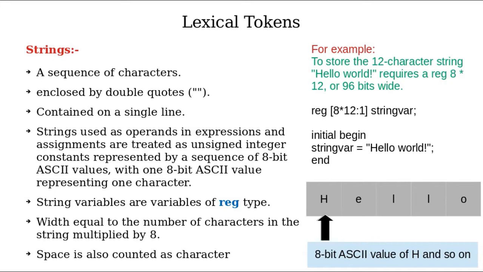So first we declare the string variable as [8*12:1] of reg type. We can see in the figure how this variable is stored in memory. So the 8-bit ASCII value of h will be stored at this point, and so on.